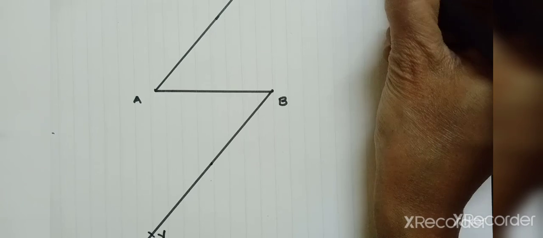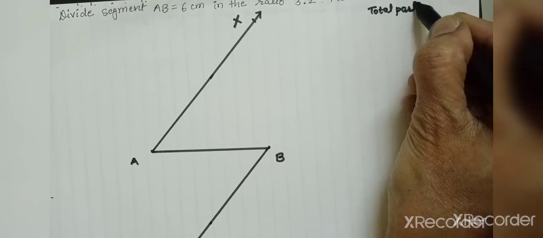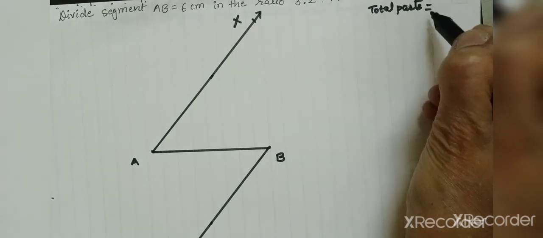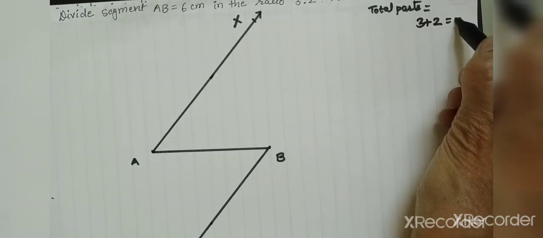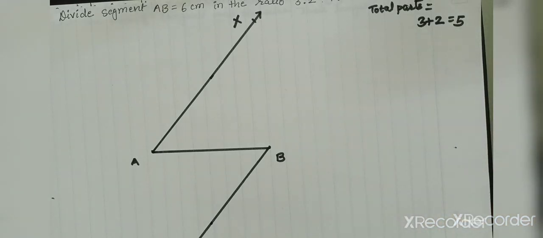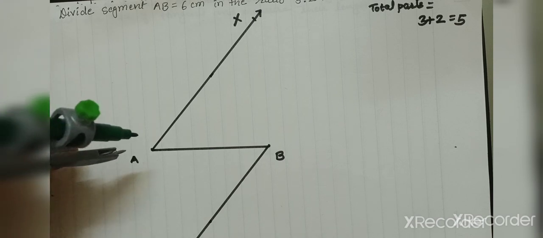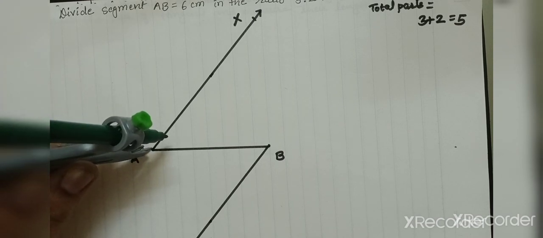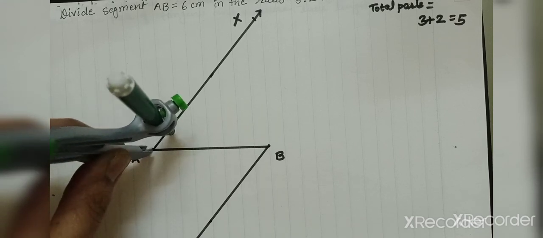That means the total number of parts is equal to 3 plus 2, that is equal to 5. Right, now you take some suitable distance in the compass. Now keep the pointer at point A and draw 5 arcs.